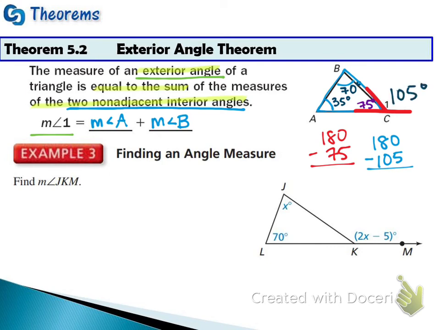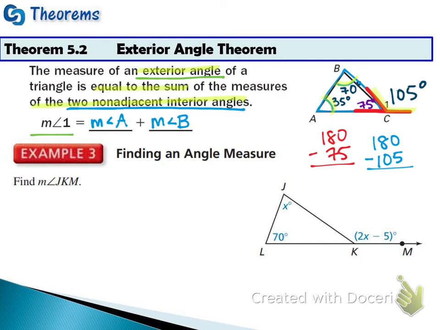So let's look at this property again. We just did this using knowledge we already had, right? This property is saying the two interior angles, 35 and 70, will add up and equal the exterior angle. Is that true? Is 35 plus 70 105? Yes.